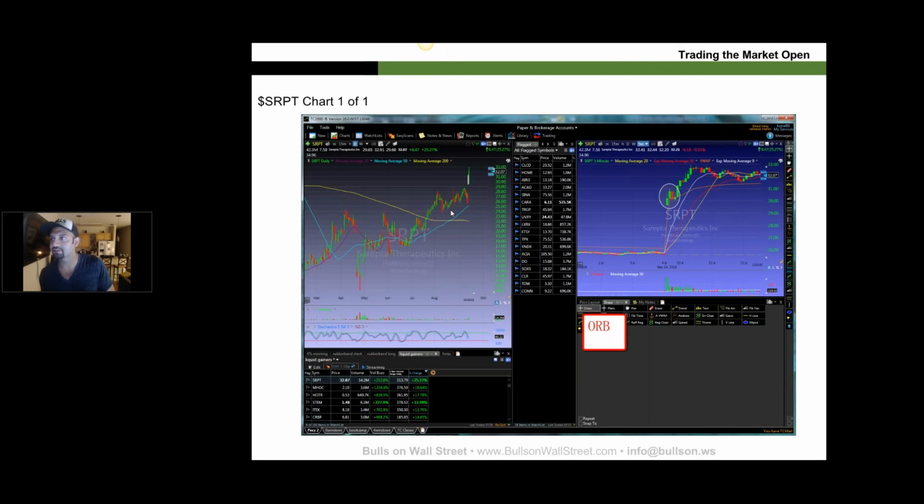Remember this, guys. You are only as good as the stocks you trade. If you apply momentum techniques to non-momentum stocks, your results will be haphazard. They will be without rhyme or reason.